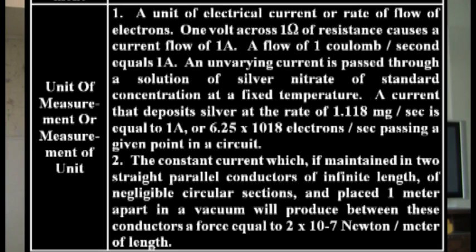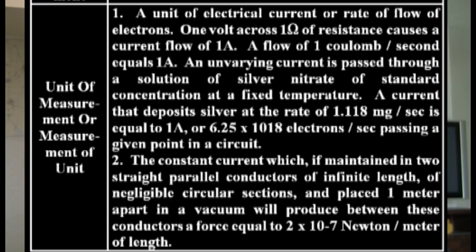A flow of 1 coulomb per second equals 1 amp. An unvarying current is passed through a solution of silver nitrate of standard concentration at a fixed temperature. A current that deposits silver at the rate of 1.118 milligrams per second is equal to 1 amp, or 6.25 times 10 to the 18th electrons per second passing a given point in a circuit.